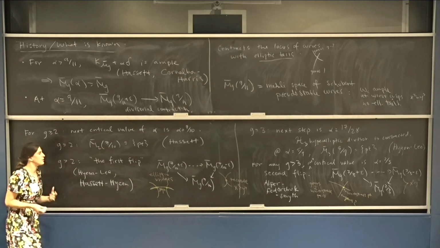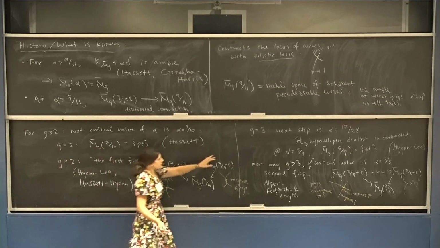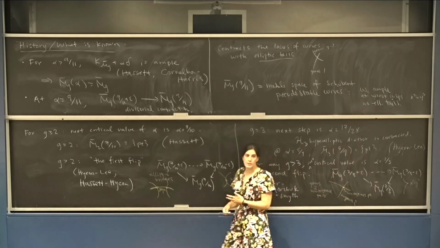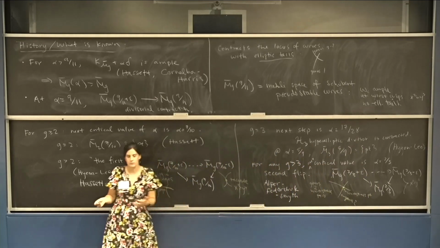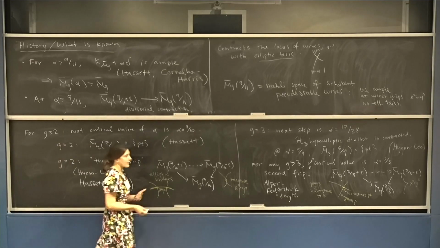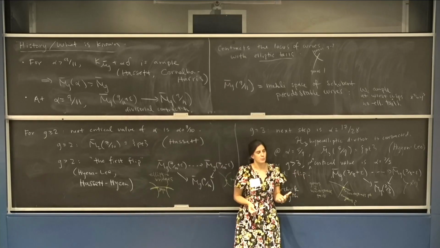As alpha starts to increase, there are actually loci that parameterize smooth curves that are going to have to get modified in this program. So the first unknown case of genus 4, what happens after 2/3 minus epsilon, we know that at some point the entire divisor, or excuse me, it's not a divisor, the entire locus parameterizing hyperelliptic genus 4 curves will have to get modified by this program.